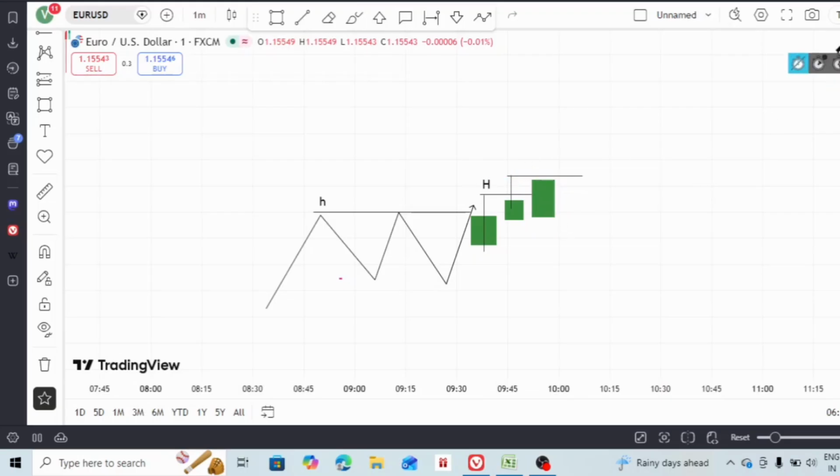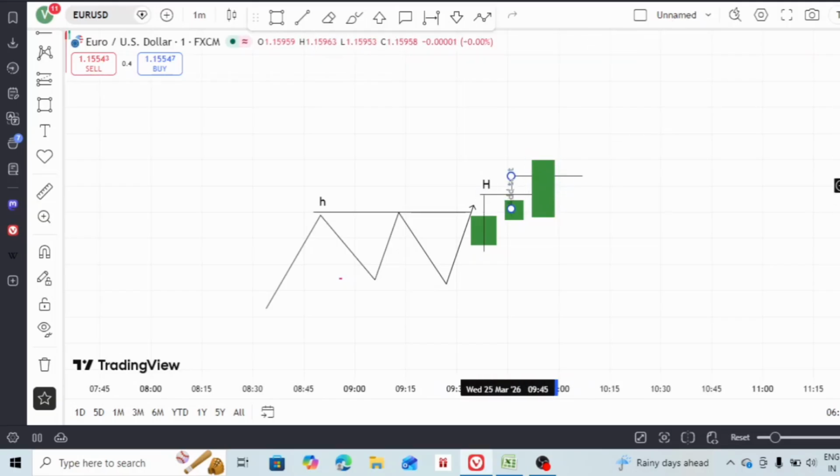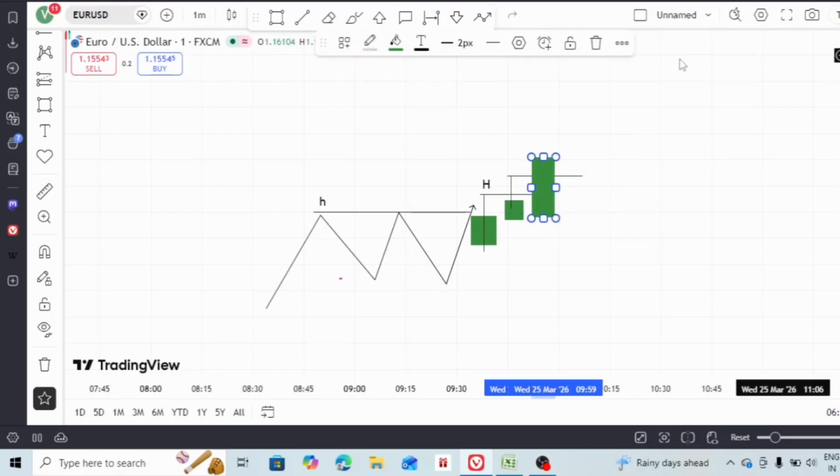Okay, so in order to have the valid higher high, it must break with the body of the candle. Only breaking with the wick means that the liquidity is just shifting. So if you break with the body of the candle like this, then we can consider this as the valid higher high. Okay, so let me give you a clear diagram so that you will understand better.